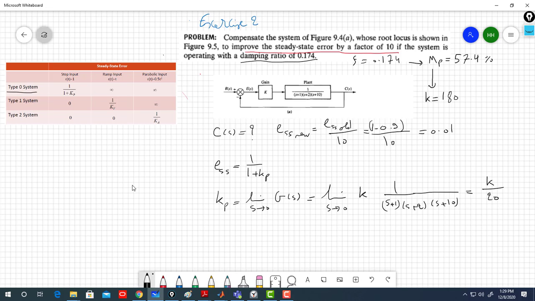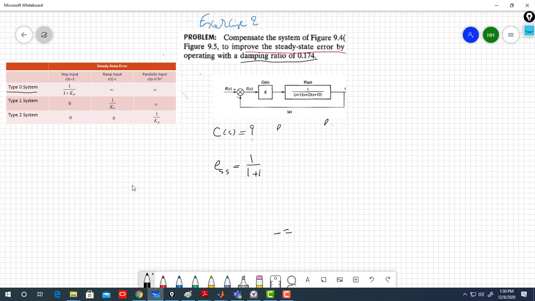So Kp equals K over 20, and K is your gain, which you find here, which is 180. So then Kp equals 180 over 20.